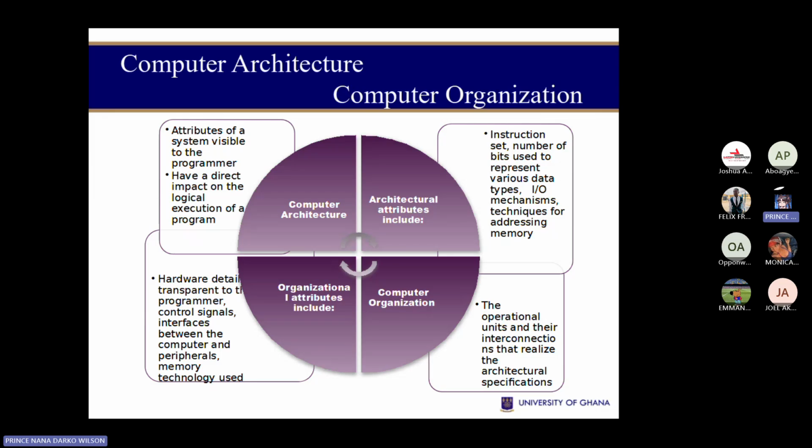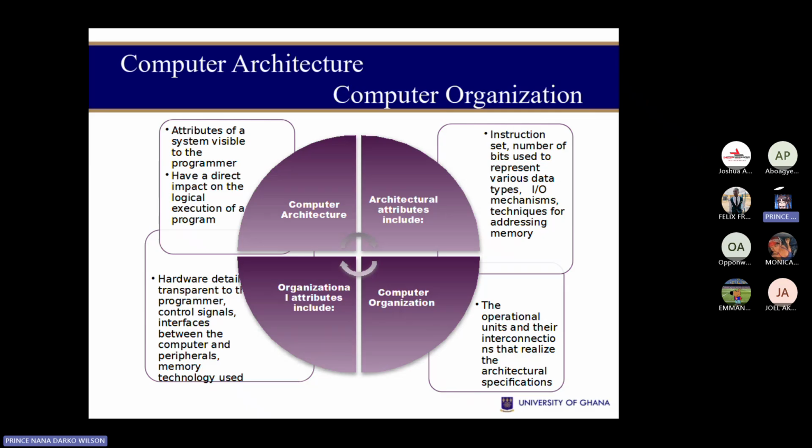The computer architecture has attributes of a system visible to the programmer. So that's what the computer architecture is. They have a direct impact on the logical execution of a program. Then we have the architectural attributes, and they include the instruction sets, that's the number of bits used to represent various data types, input-output mechanisms, techniques for addressing memory.